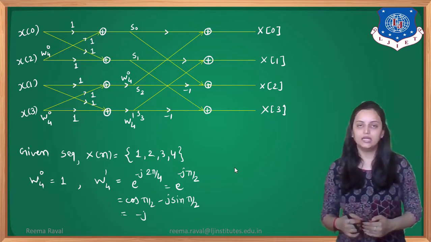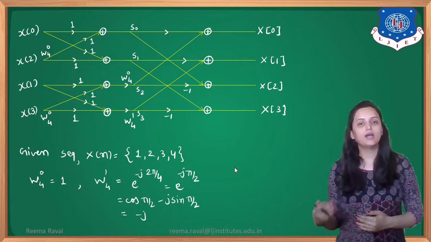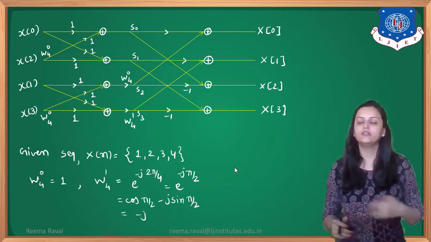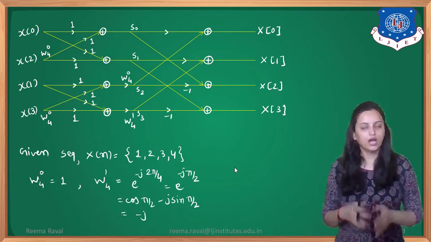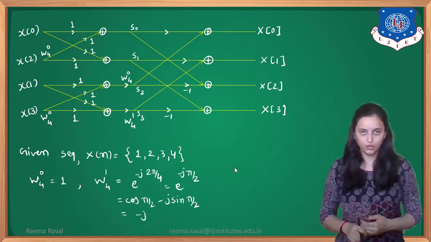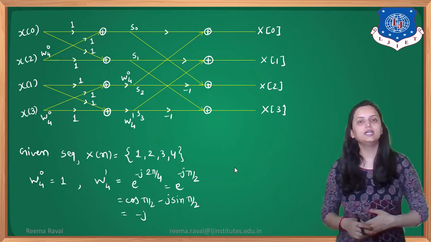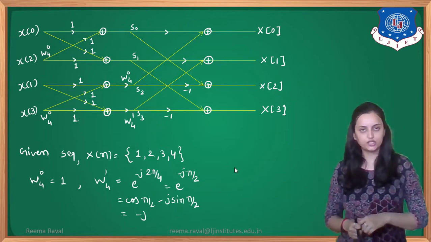Then W4^1 equals e raised to minus j 2 pi by 4, that is e raised to minus j pi by 2, which gives cos pi by 2 minus j sin pi by 2. So the answer of W4^1 is minus j. So we have found the twiddle factors for this N equals 4 structure.